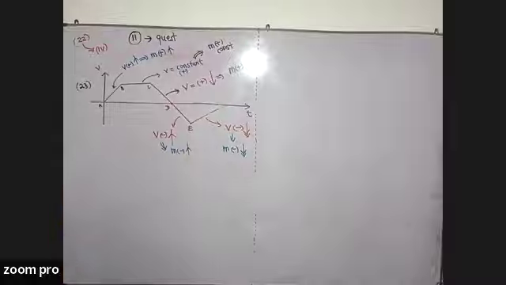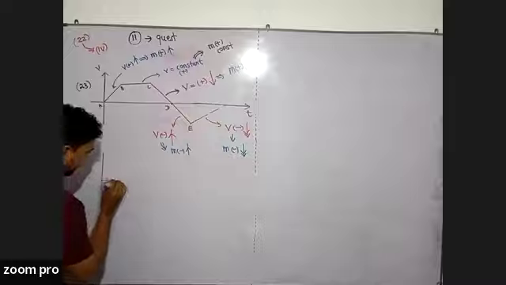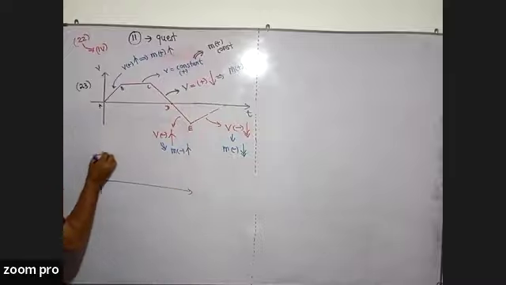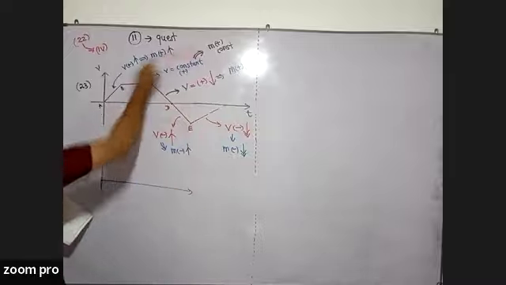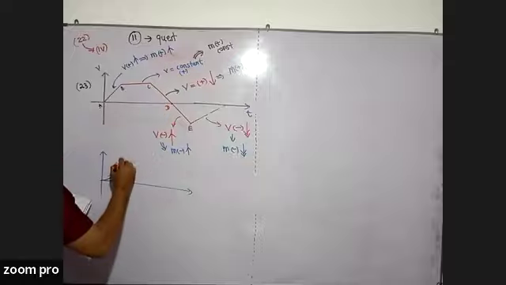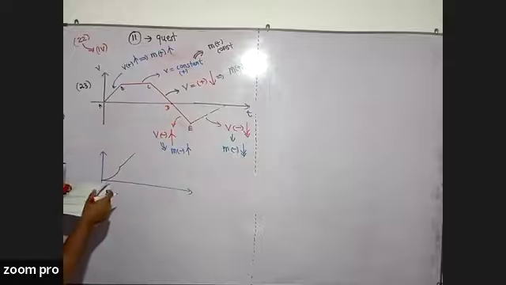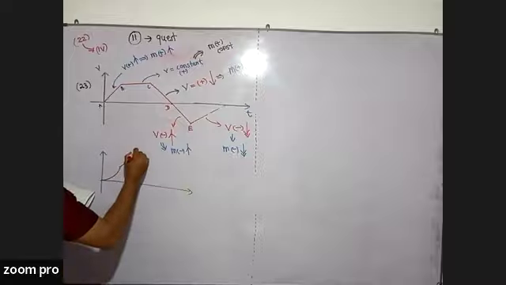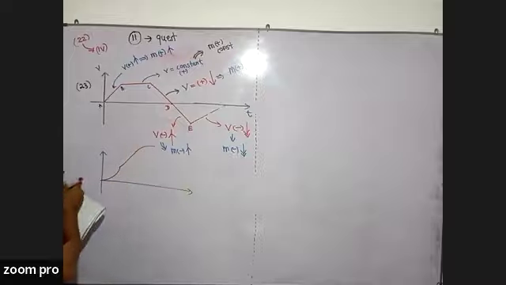Right. So the relevant graph should be the first one, positively decreasing. Right. Then positive but constant. Right. Then positively decreasing. Something like that.